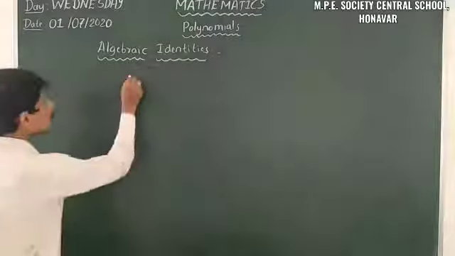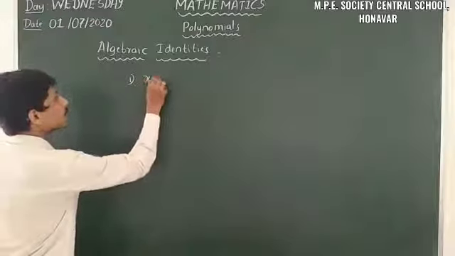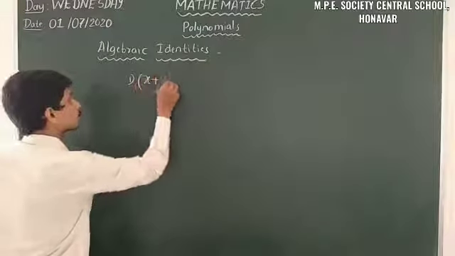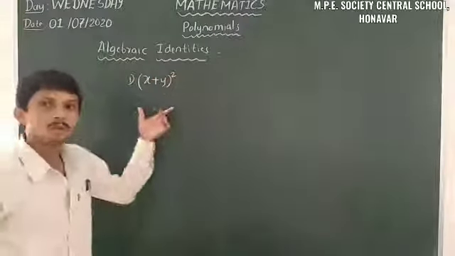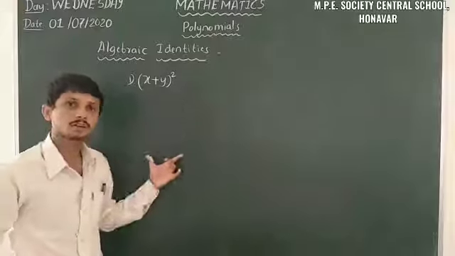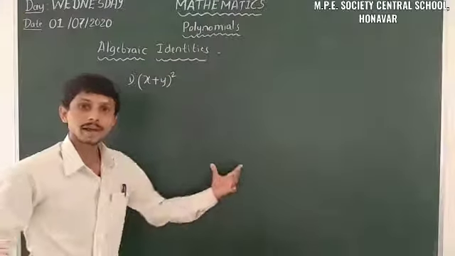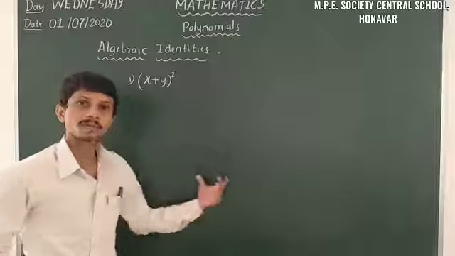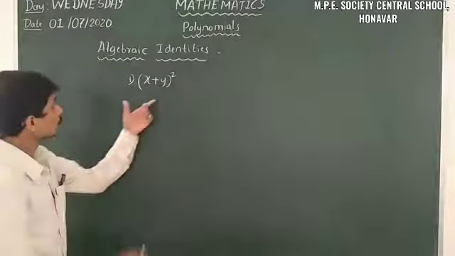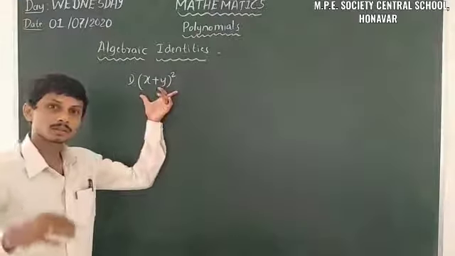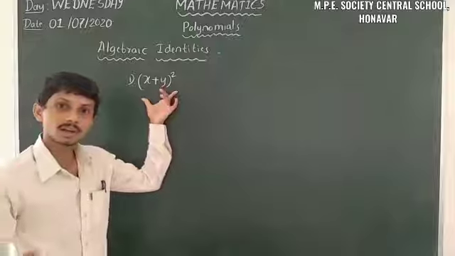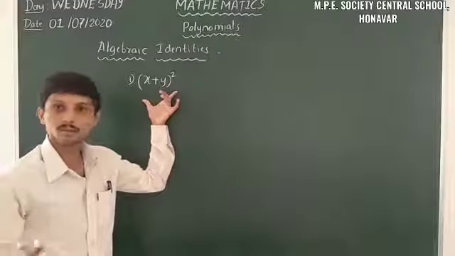Firstly I will take x plus y whole square. So we have to solve this one, and after that it comes into the expression form, the identity form. For x plus y whole square, in the last standards you already learnt about squares and square roots.